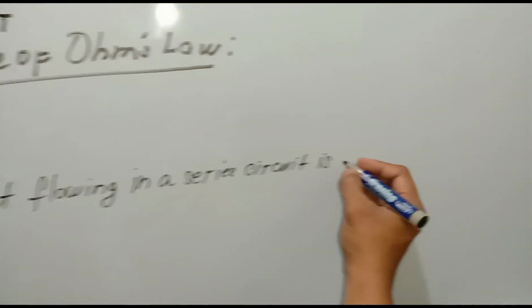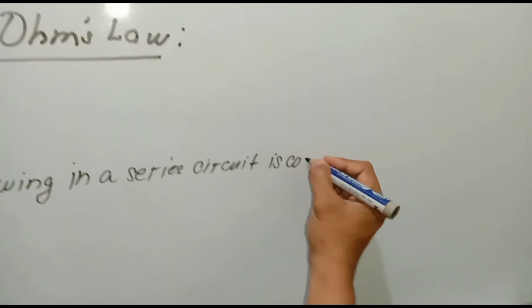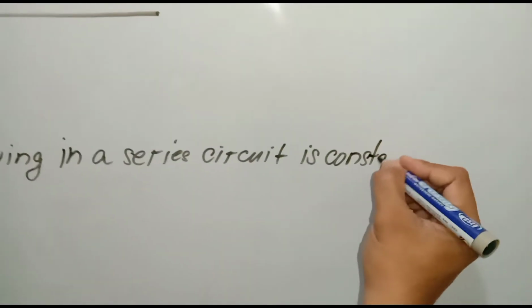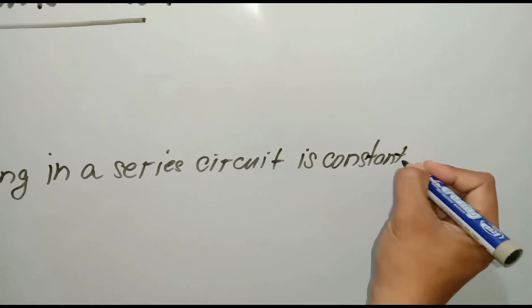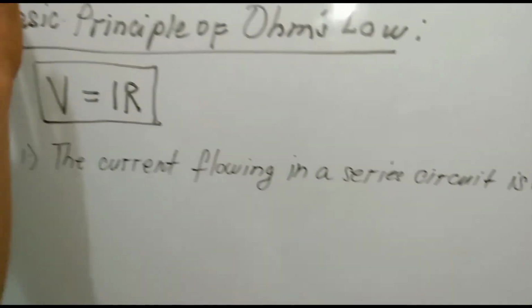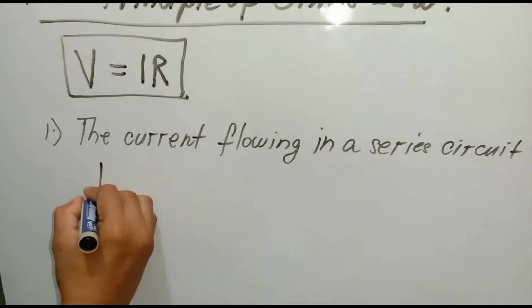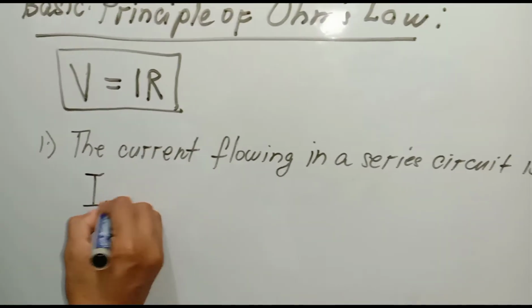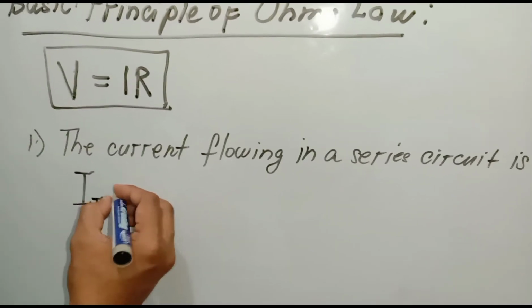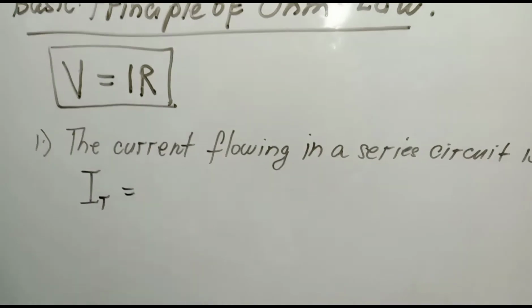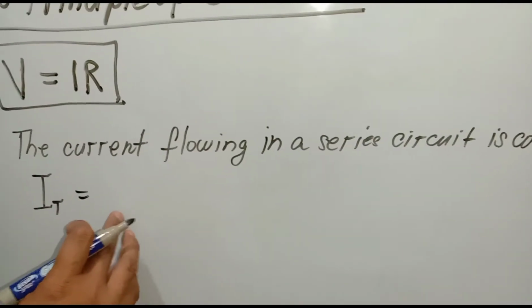So the total current flowing in the series circuit is equal to a constant.